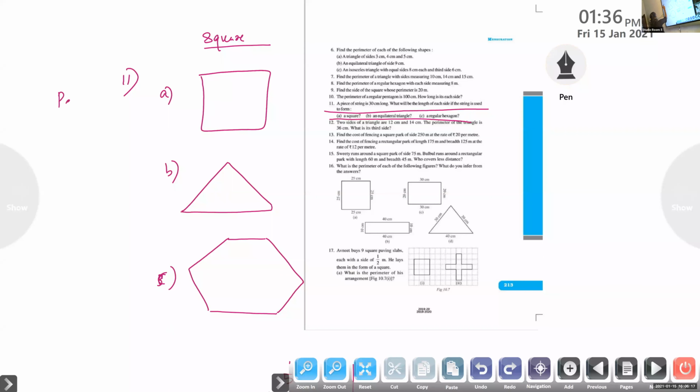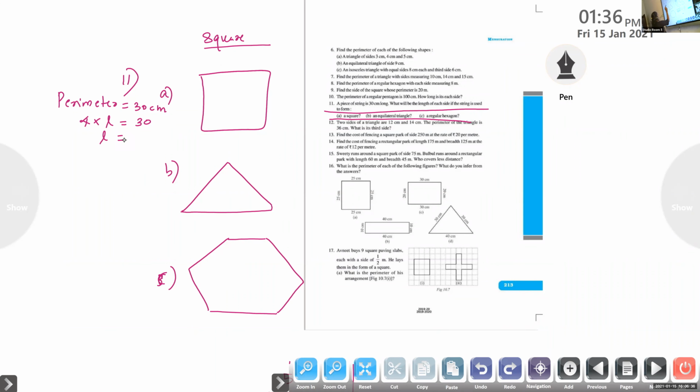When you take the square case, the perimeter of the square is given, 30 centimeter. What is the formula for the perimeter of a square? 4 into length. 4 into length equal to 30. So what will be the length?